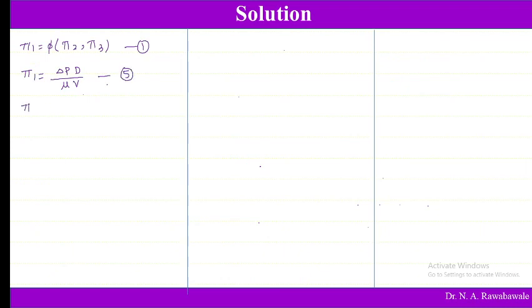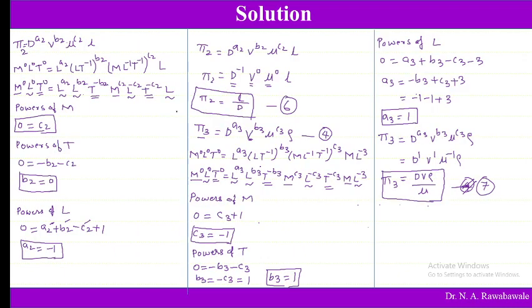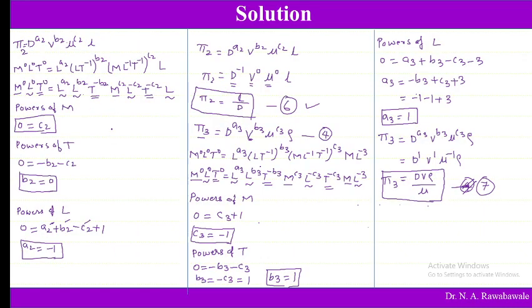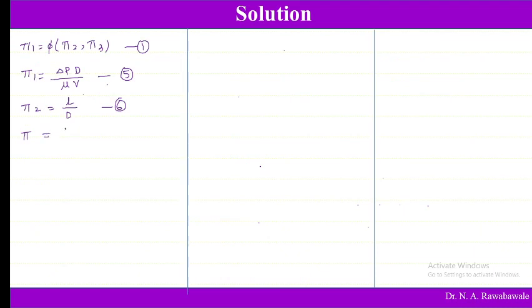Then the pi 2 term is L divided by D, equation number 6. Then the pi 3 term, just now we obtained as d v rho divided by mu. This is the pi 3 term, equation number 7.